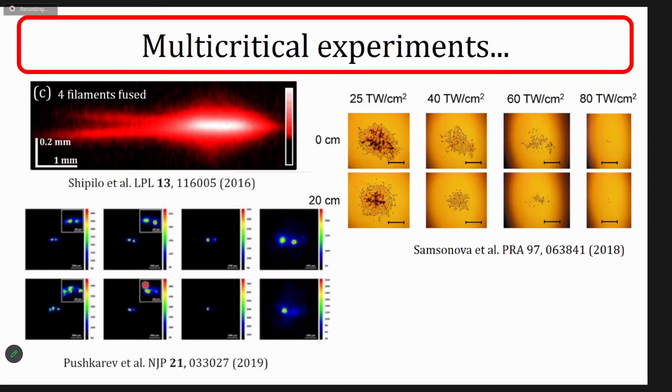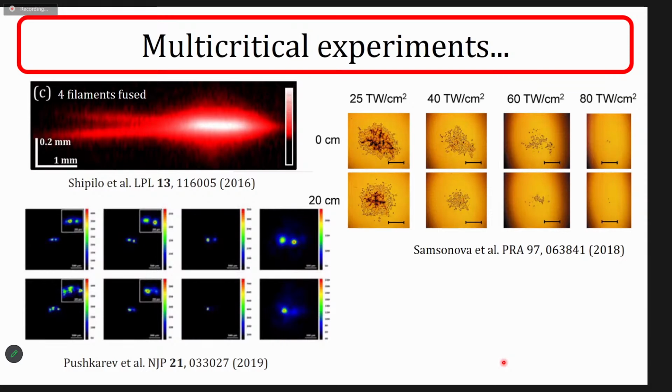Some works with other focusing regimes, some works quantifying the intensities in the filament and superfilamentation regime, even works debating whether the superfilamentation phenomenon, or the fusion, is possible in such conditions.